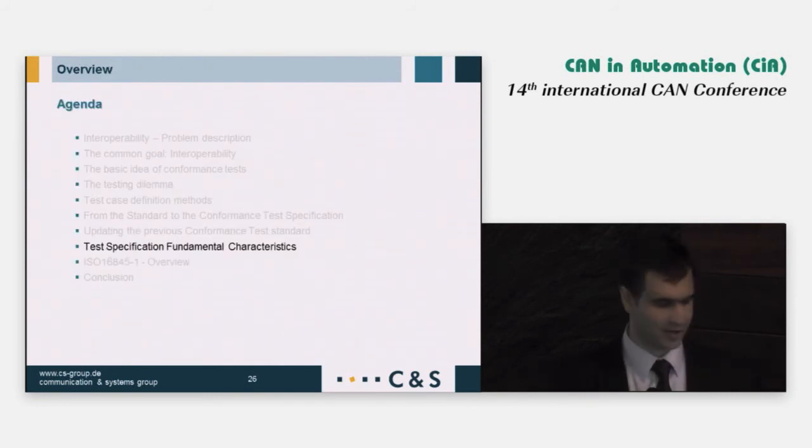Now, I wish it was so simple. Actually, there is a lot of more work to do. Why? Because till now we have obtained a list of requirements, then we have organized them systematically. But I guess this is still not enough to talk about a full conformance test specification.